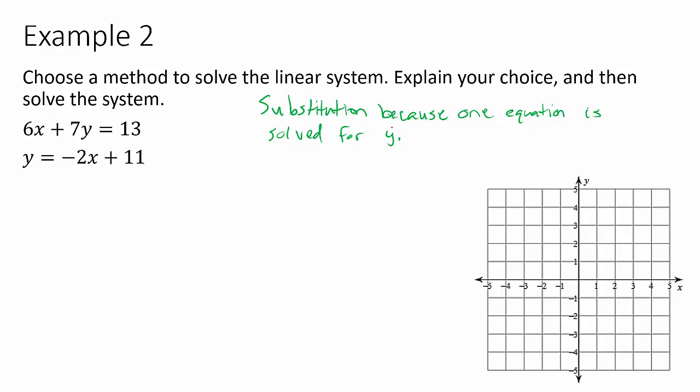So that means that I would write 6x plus 7, and then I'm going to write what y equals, which is -2x plus 11, and it equals 13.